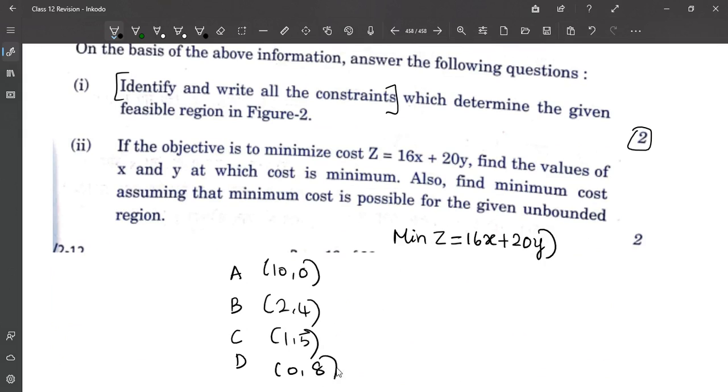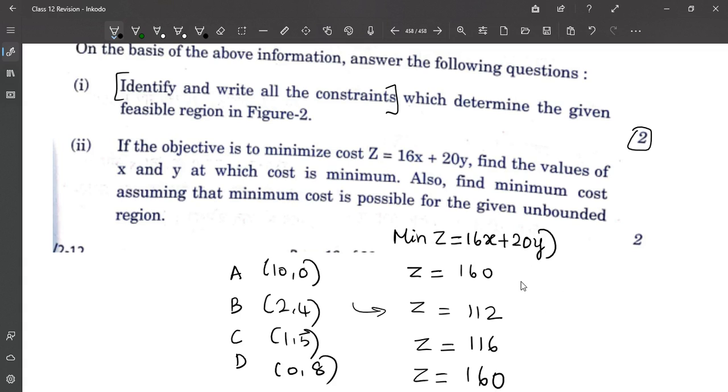The corresponding z values are 160 for A. The corresponding z value for B is 2 into 16, which is 32, plus 80, which is 112. The third z value is 16 into 1, which is 16, plus 100, which is equal to 116. And the last one is 160.